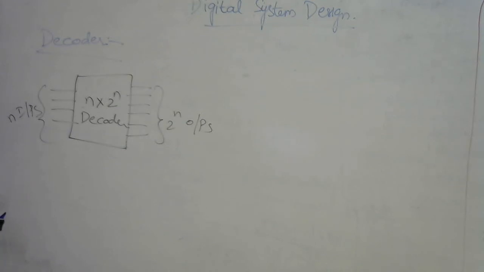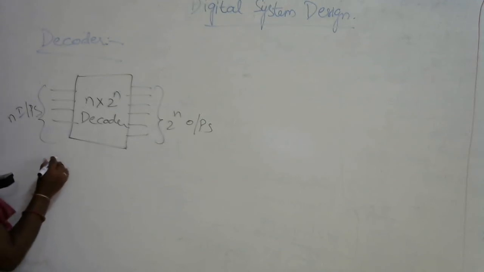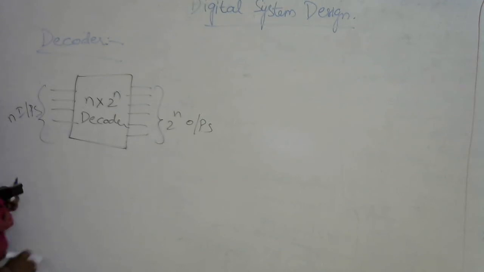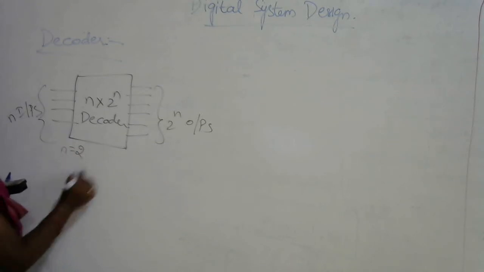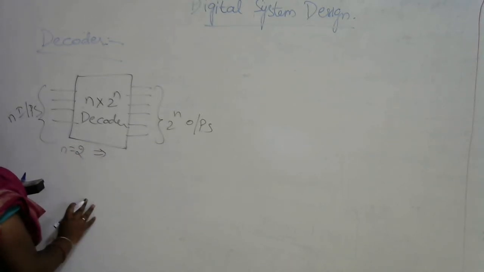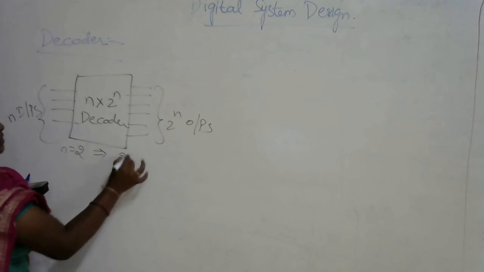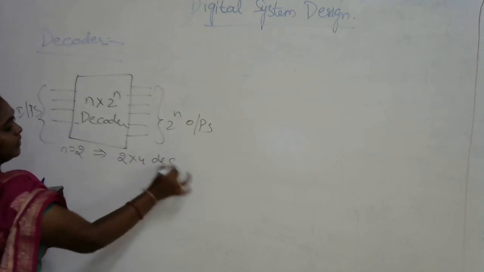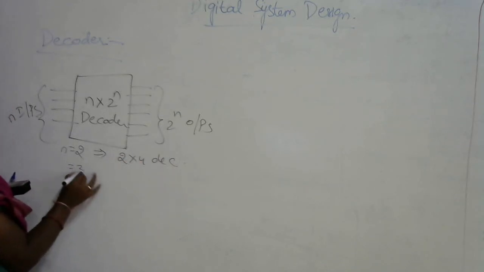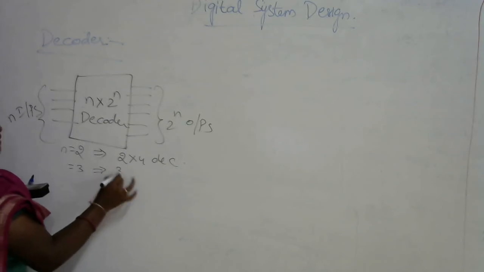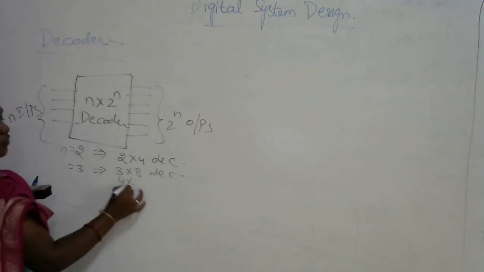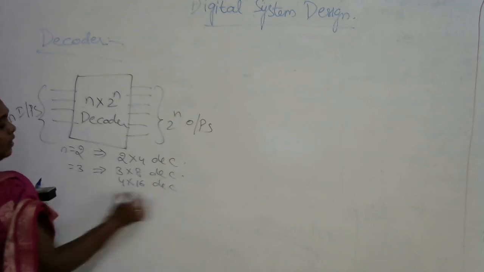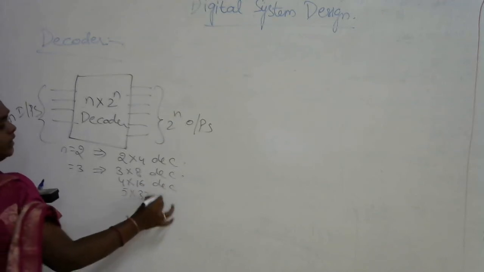The minimum value of n is 2. If n is equal to 2, the size of the decoder is 2 by 4 decoder. Similarly, if n is equal to 3, it is a 3 by 8 decoder, or 4 by 16 decoder, or 5 by 32 decoder.